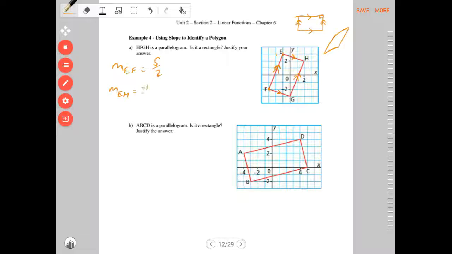So -1 over 3. You can clearly see that those are not negative reciprocals of each other. So that is not a 90-degree angle. The parallelogram EFGH is not a rectangle.